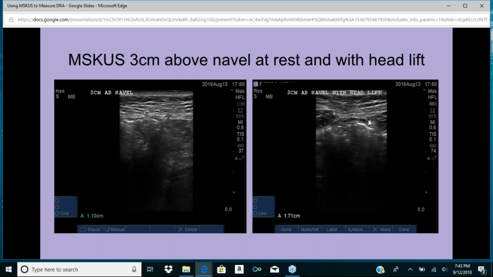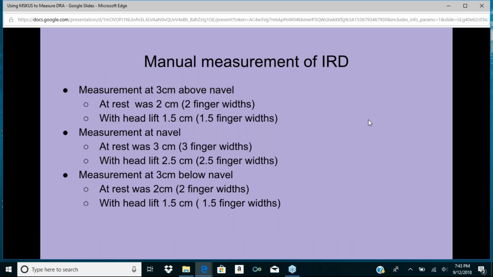I compared those numbers to my manual palpation just to see what the difference would be compared to the MSKUS. When I measured her at 3 centimeters above the navel, which is the one that had the most significant difference, at rest, I measured 2 finger widths, which would be 2 centimeters.